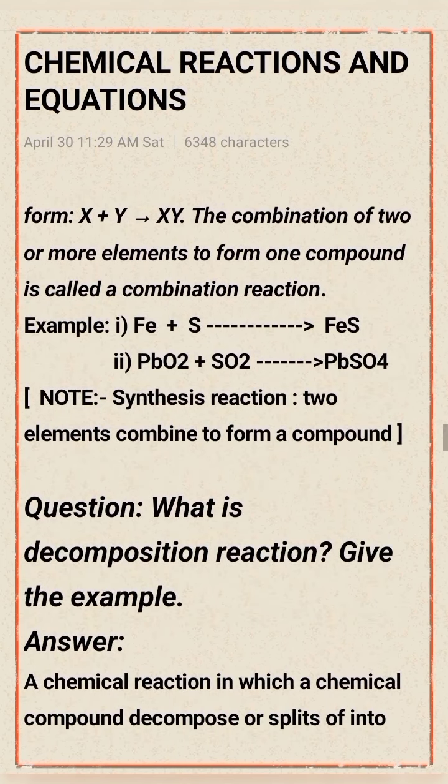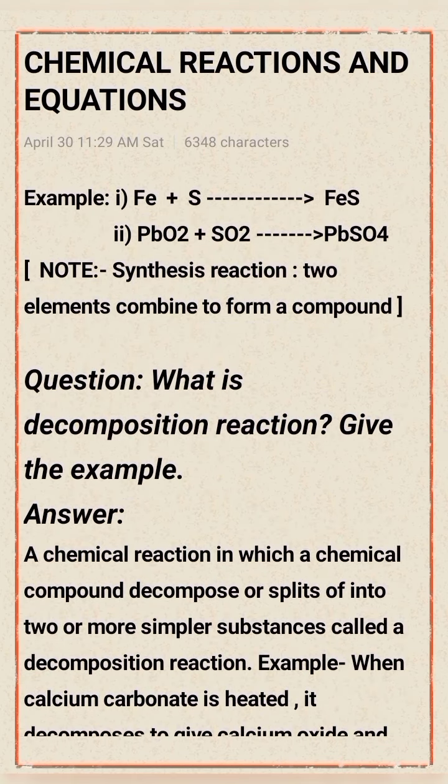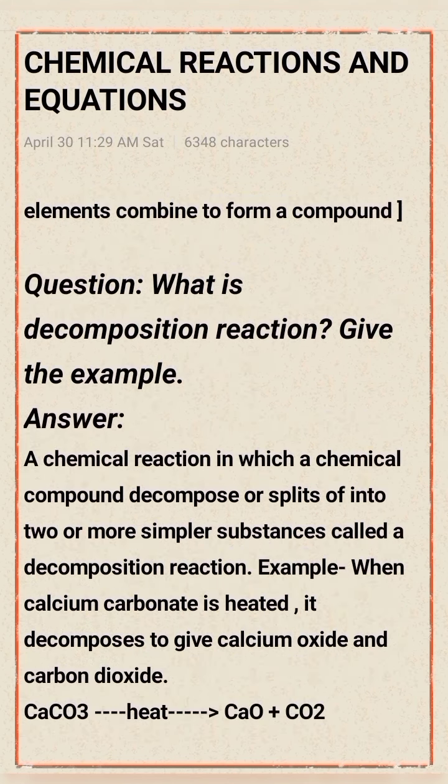Okay. Next question, what is a decomposition reaction? Give an example. A chemical reaction in which a chemical compound decomposes or splits into two or more simpler substances is called a decomposition reaction. Example: when calcium carbonate is heated, it decomposes to give calcium oxide and carbon dioxide.